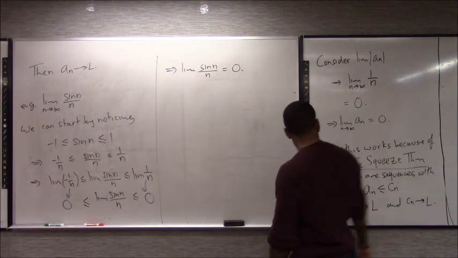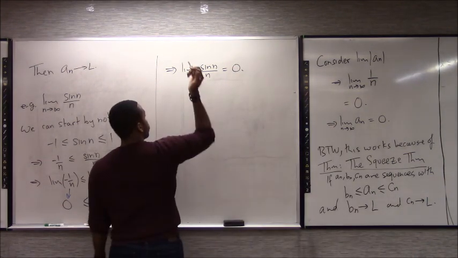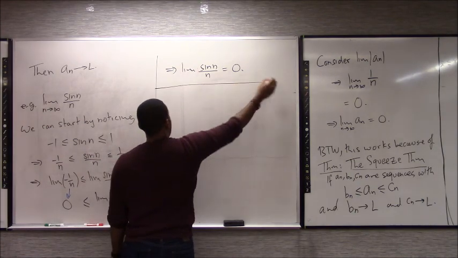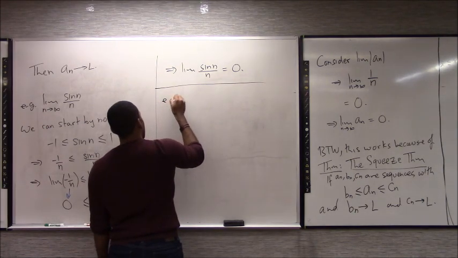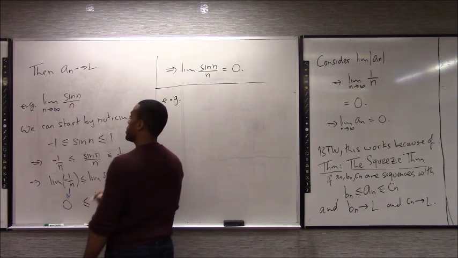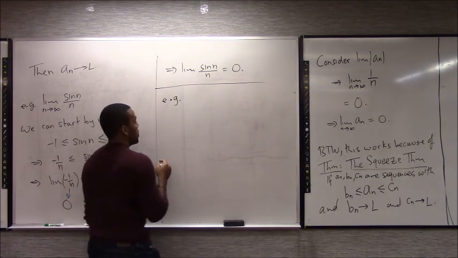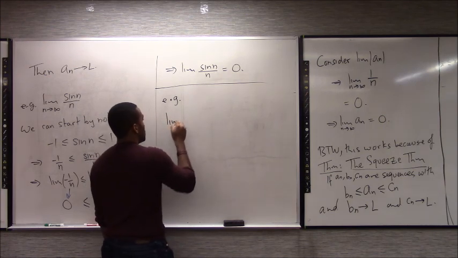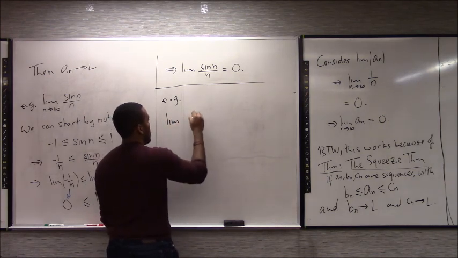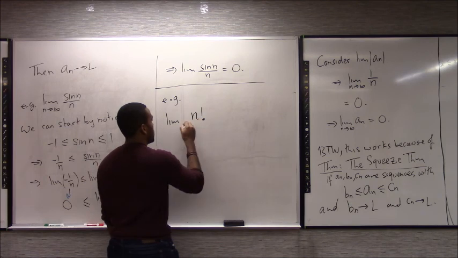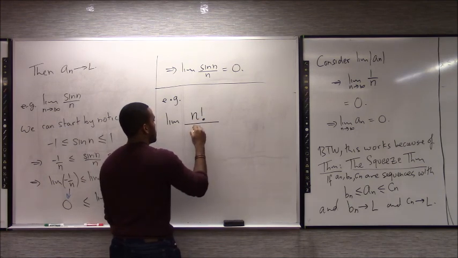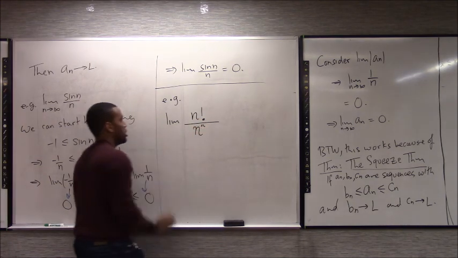We can also have another example, to once again illustrate something that we kind of already know. Let's say I'm taking the limit of, say, n factorial over n to the n.